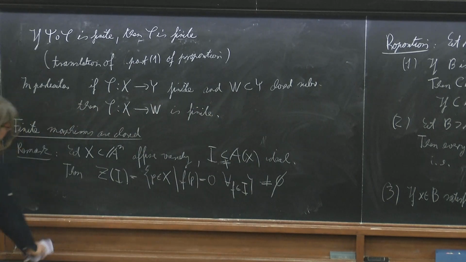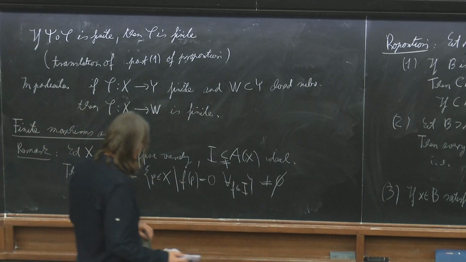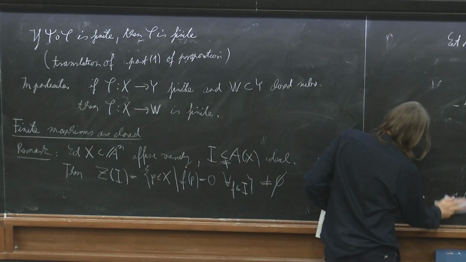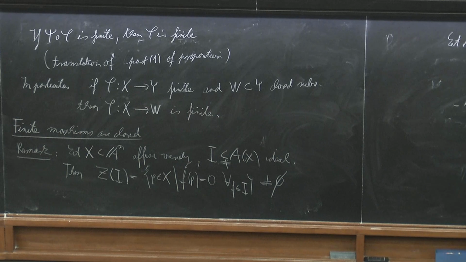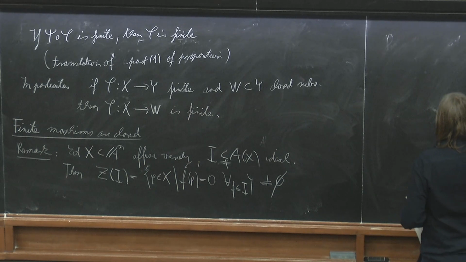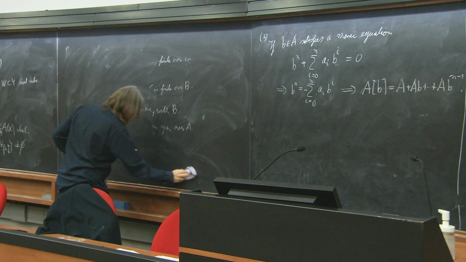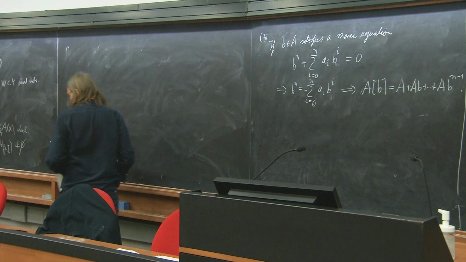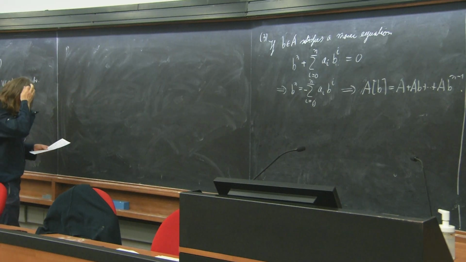Okay? And this is basically just the usual Nullstellensatz, except that for the Nullstellensatz we said it for k[x1 to xn]. We didn't talk about the coordinate ring, but we just took the image in k[x1 to xn].